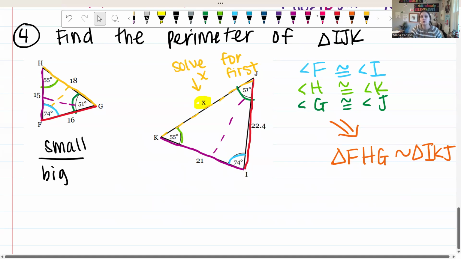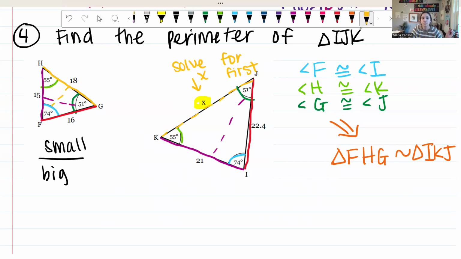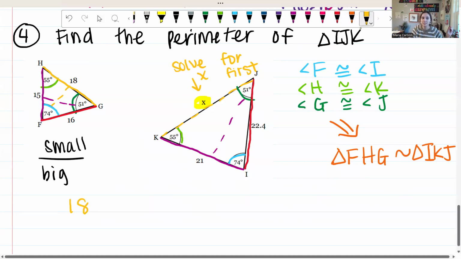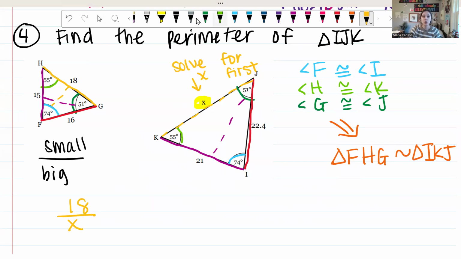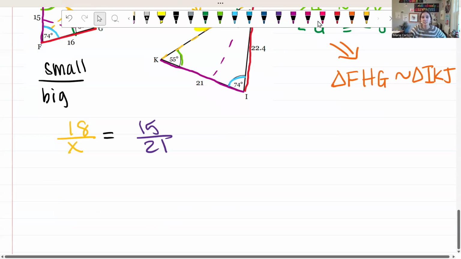I'm going to make sure I include that X. So I'm going to start by saying 18 turns into whatever this unknown side is, X. And also in our shape, I know that 15 becomes 21. So I pick one of the other corresponding sides, and then I use the side that's corresponding to X.